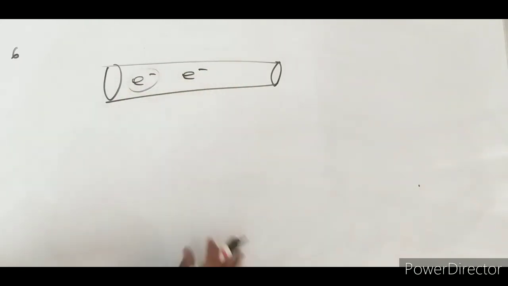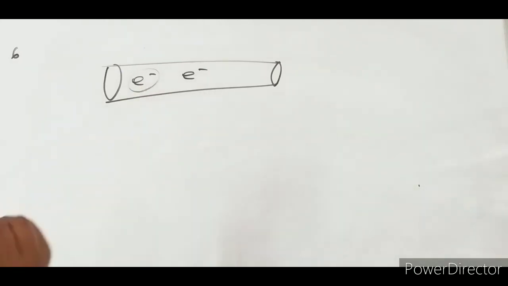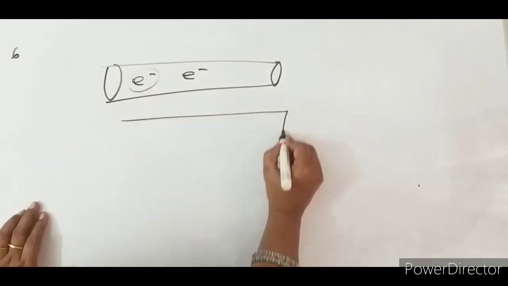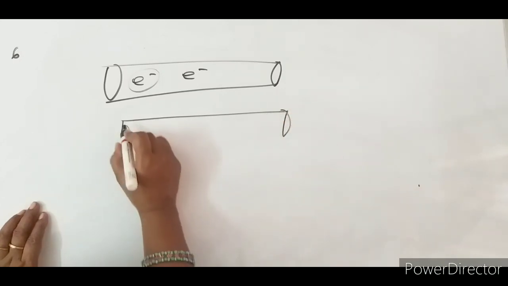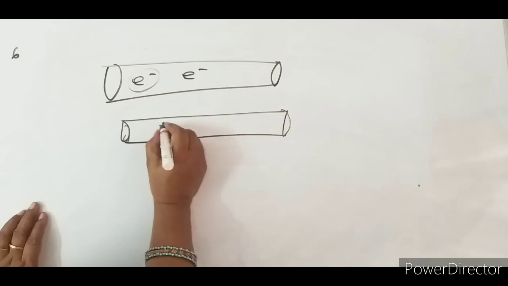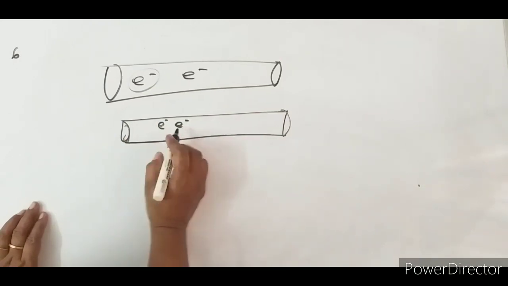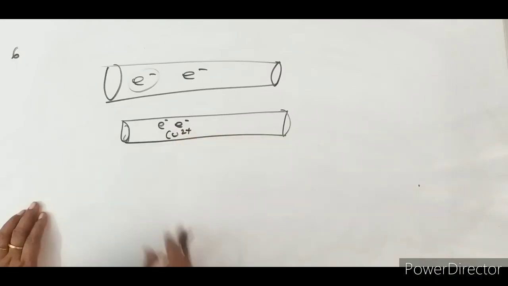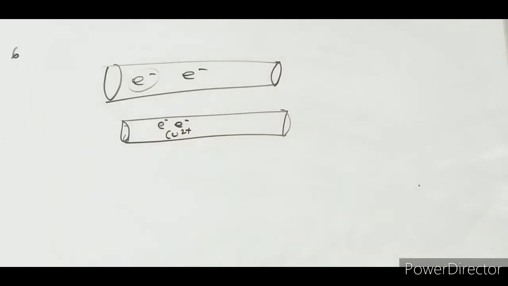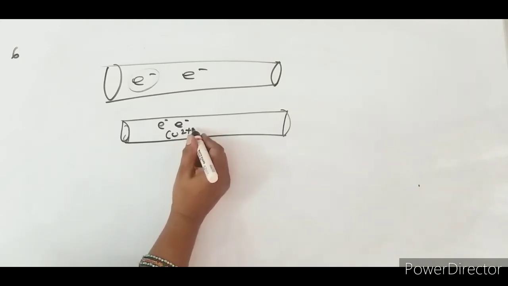From where are we getting these electrons? Let it be a copper wire. If I am getting these electrons from one atom of copper, we know copper will lose 2 electrons and Cu2+ will be there. Many such 2+ ions will be there.